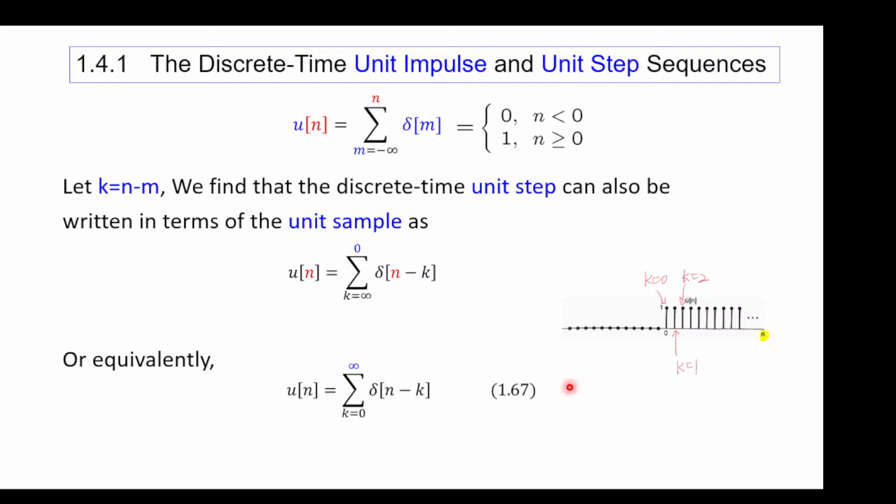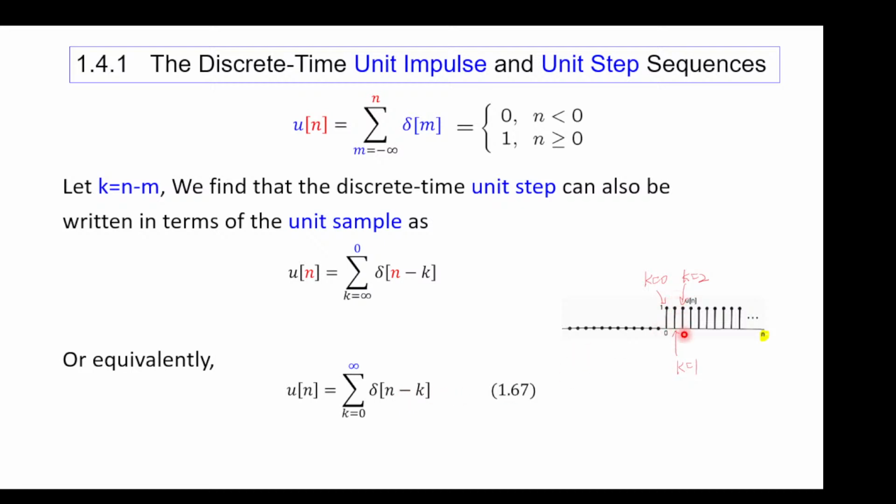If you think of both sides as a function of n, then with k equals 0 you have just delta of n, this impulse here. And with k equal to 1, you have delta of n minus 1, so you shift the impulse by 1 step.